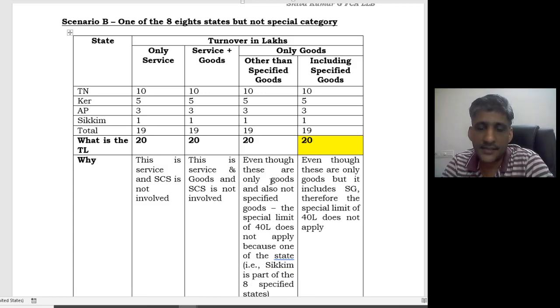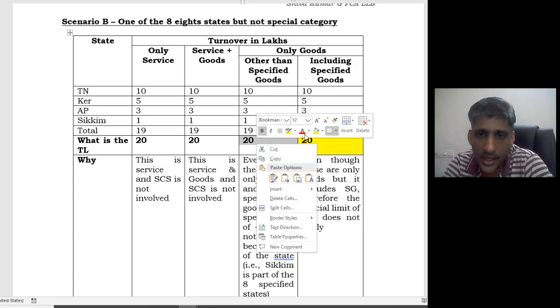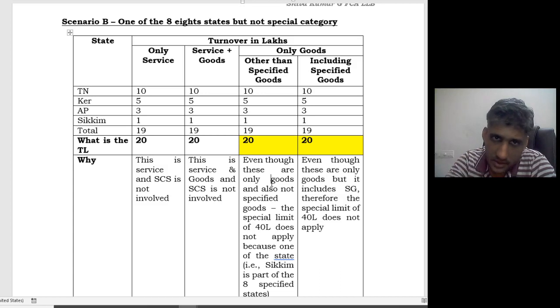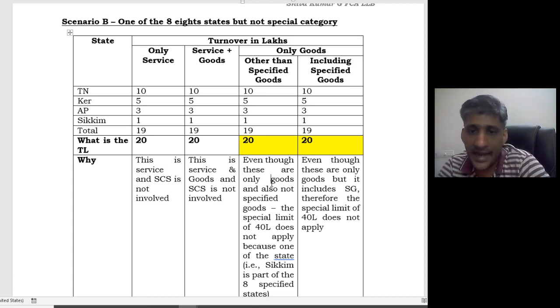Since it is a specified state, again they will not get the 40 lakh limit, they will get only the 20 lakh limit. So it's one of the 8 states but not a special category state.